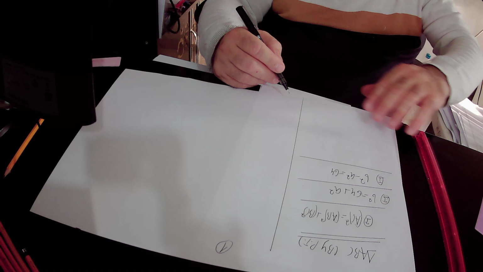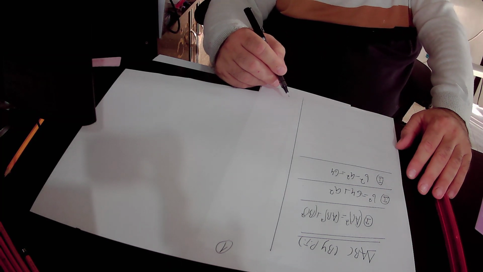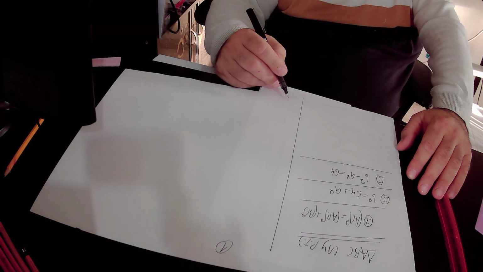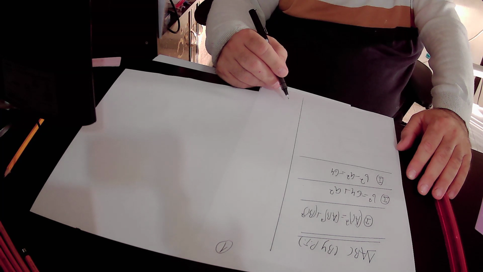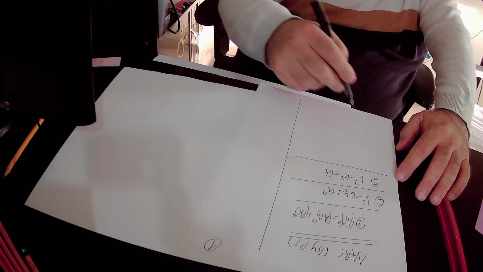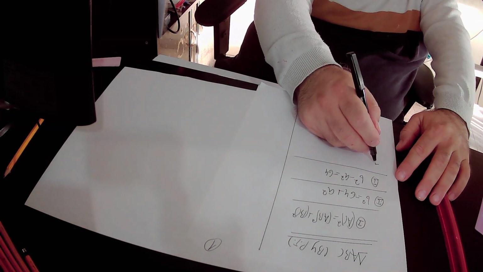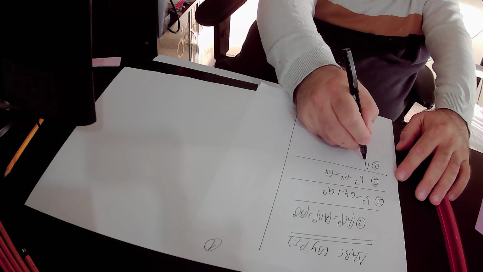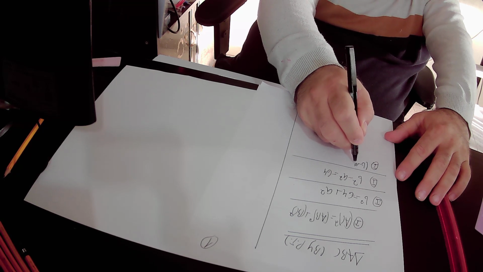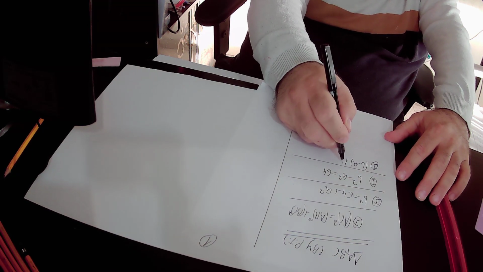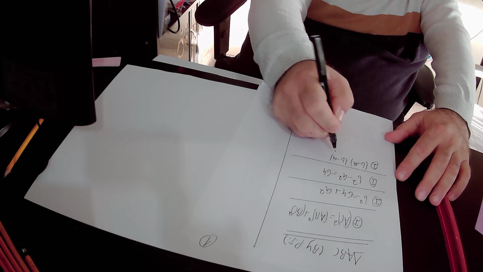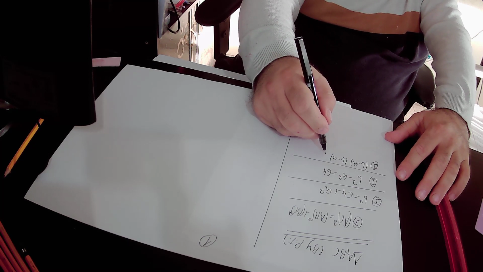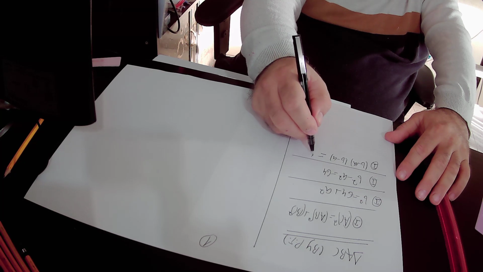So here we have the algebraic identity that B square minus A square equals B plus A times B minus A. Therefore, we substitute B squared minus A squared by B plus A times B minus A. And according to equation number 1, it is equal to 64.